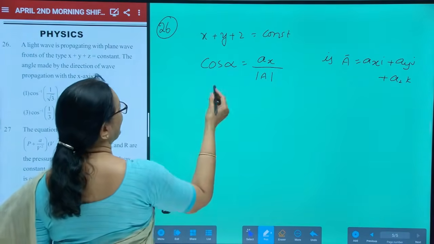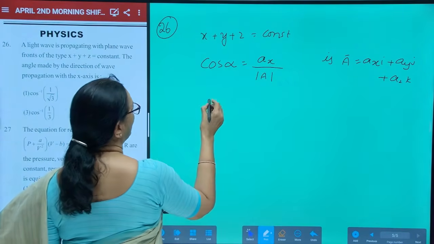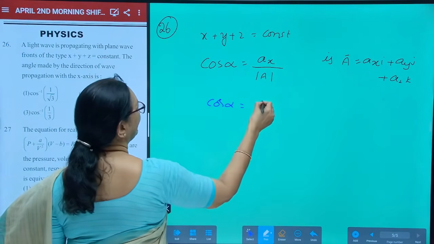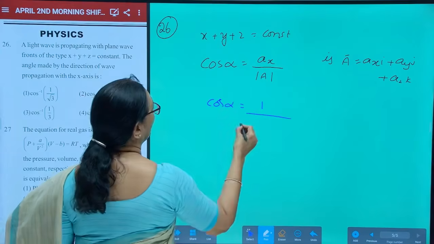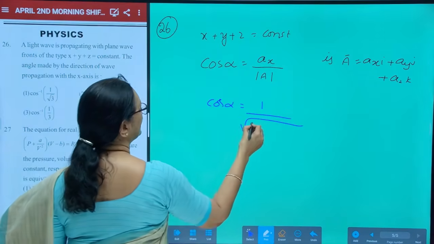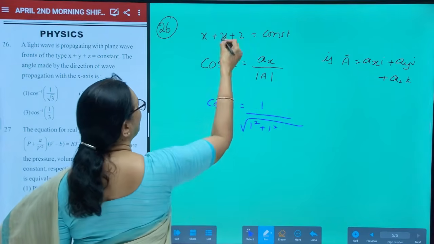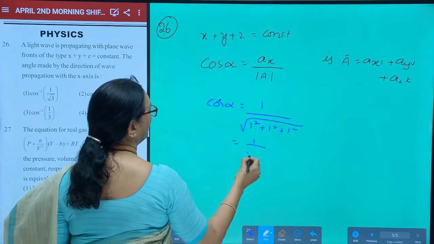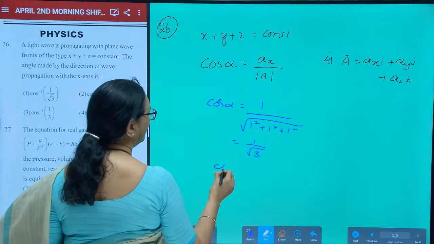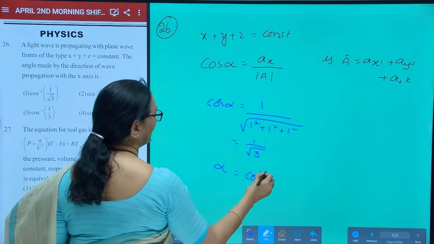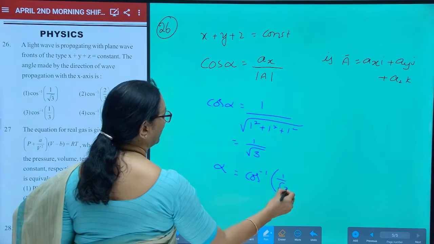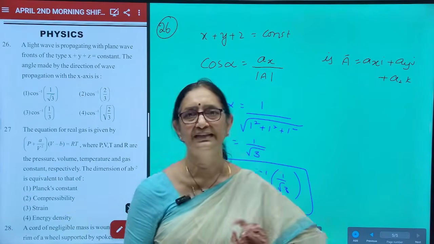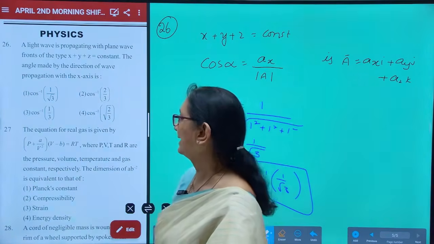So here, if you apply the same concept, cos alpha is equal to coefficient of x, that is ax, that is 1, over root of the sum of squares of coefficients, 1 square plus 1 square plus 1 square. So this is 1 by root 3, which implies alpha is equal to cos inverse 1 by root 3. That is the angle made by the given vector with the x-axis.